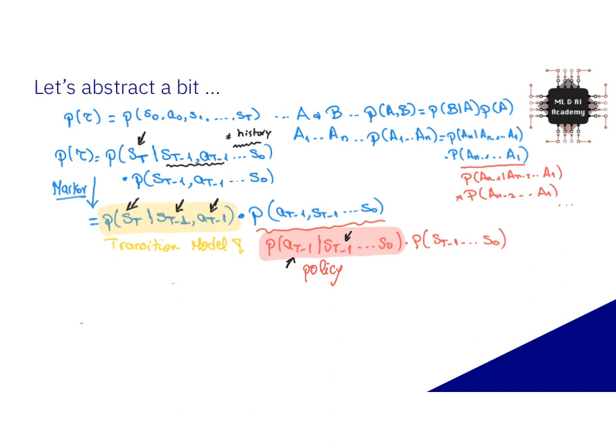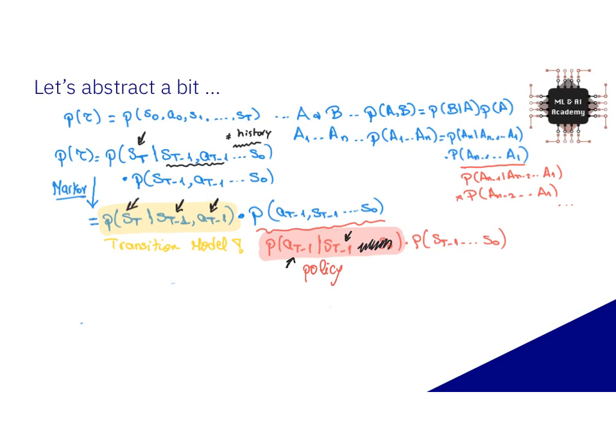Because of the assumption that we have a Markovian process, it suffices to have a Markovian policy, which means we can get rid of all this history according to the definition of our policy, if you recall, and just say that this is P of a_{t-1} given s_{t-1}.